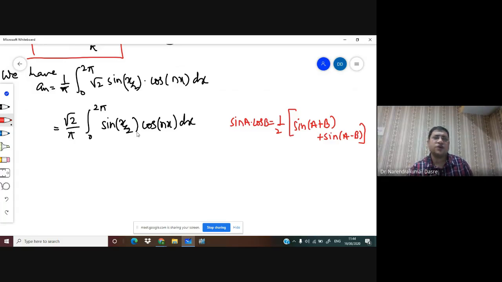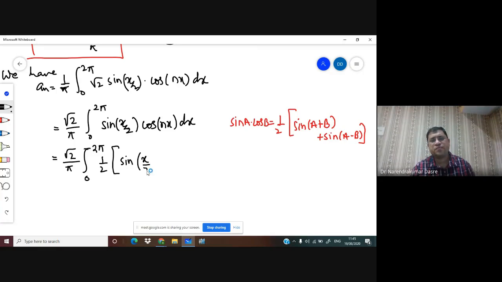So using this formula here, we are able to get this is equal to 2 by pi integral 0 to 2 pi half of sine x by 2 plus nx plus sine x by 2 minus nx, and this is dx.